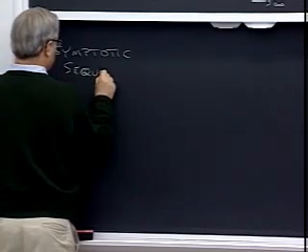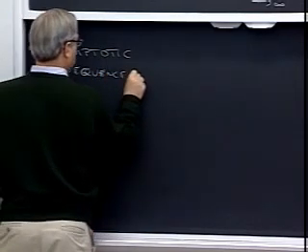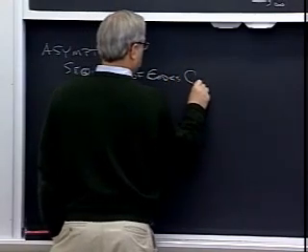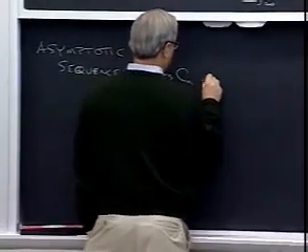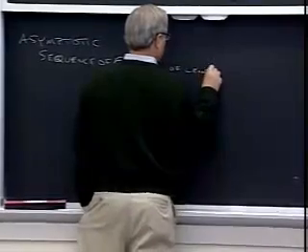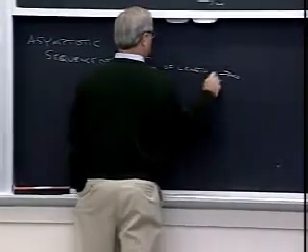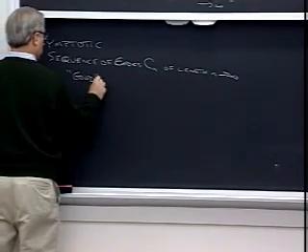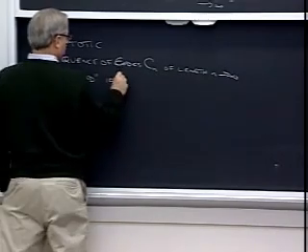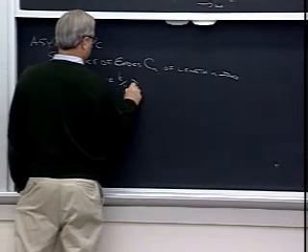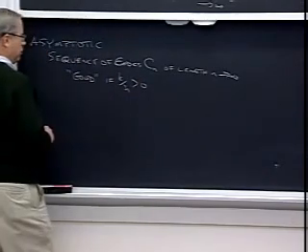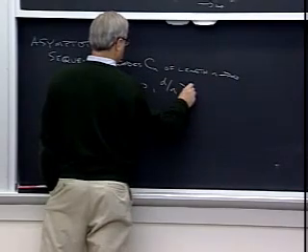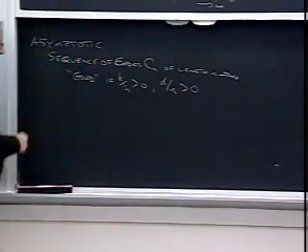A sequence of codes Cn of length n going to infinity is called good if both the rate, k over n, is bounded away from 0 as n goes to infinity, and the distance, d over n, is bounded away from 0.